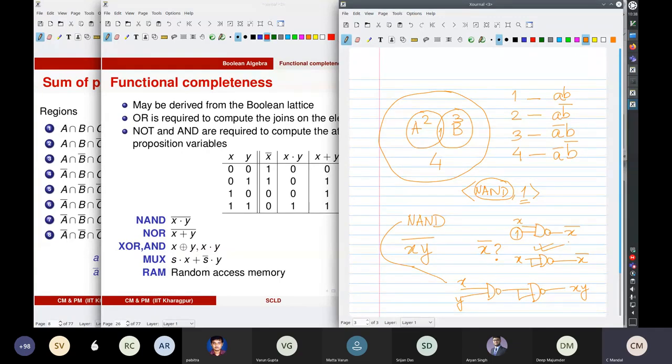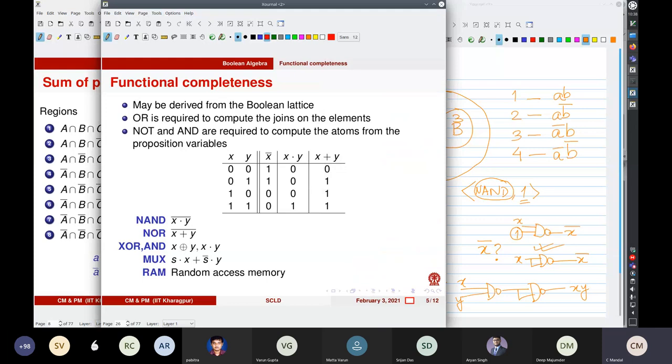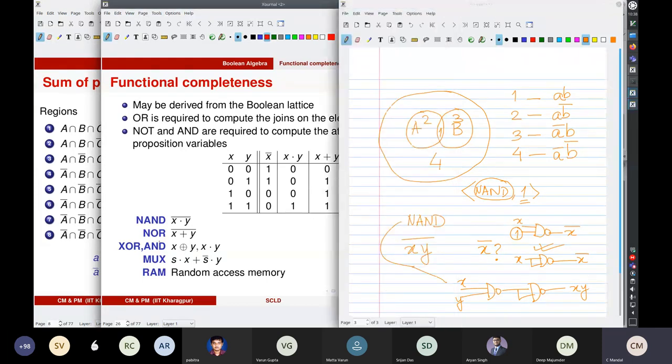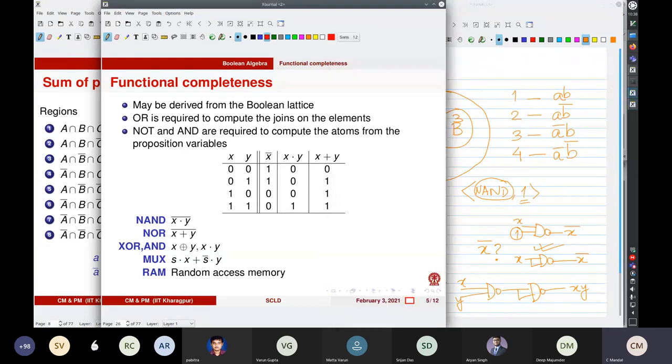By the same argument, you can say that NOR by itself is also functionally complete. XOR AND is another combination of Boolean functions that is functionally complete.